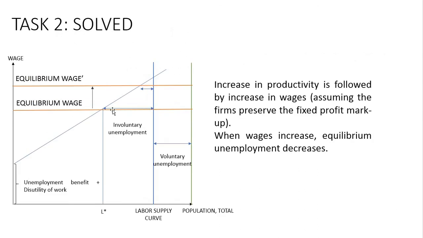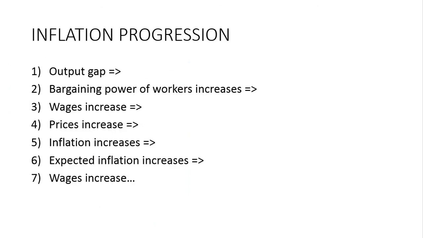So in this case, this curve will shift up, and in the new equilibrium, we have higher wages and smaller unemployment. So basically here, unemployment will decrease due to the decrease in structural unemployment.